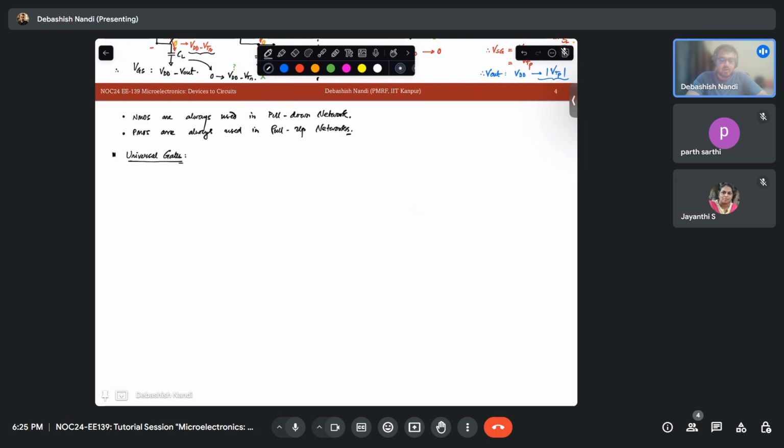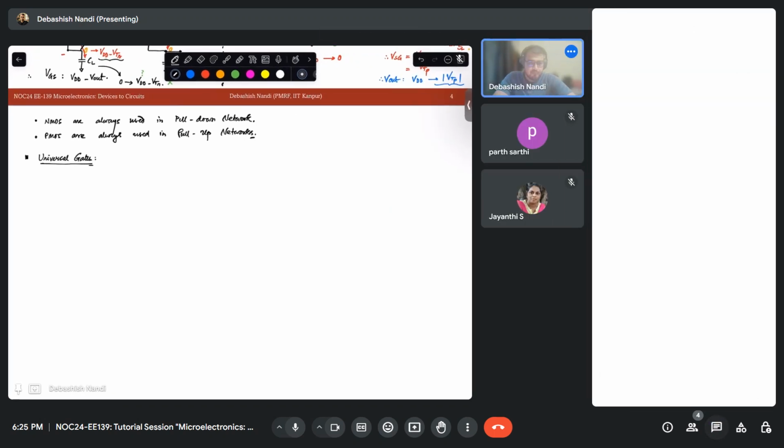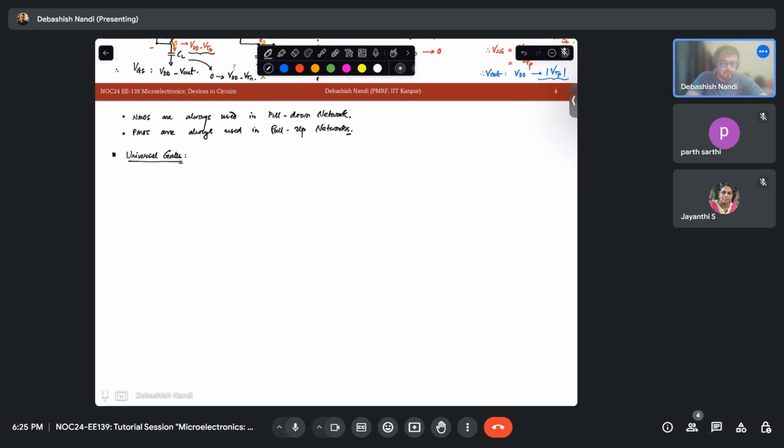Can any one of you unmute and tell me what are the universal gates? So your NAND, NOR, these two gates are called universal gates.